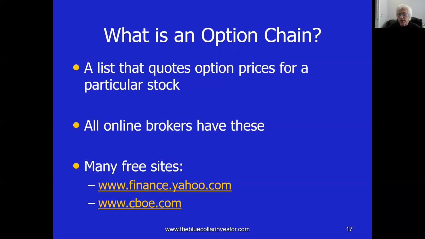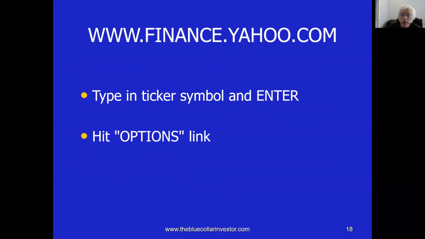There are also free sites. For example, finance.yahoo. You'll be seeing a screenshot of that coming up. And another free site is cboe.com. So usually what we do is we go to the site, we enter the ticker symbol, and then hit enter, and then look for an options link.